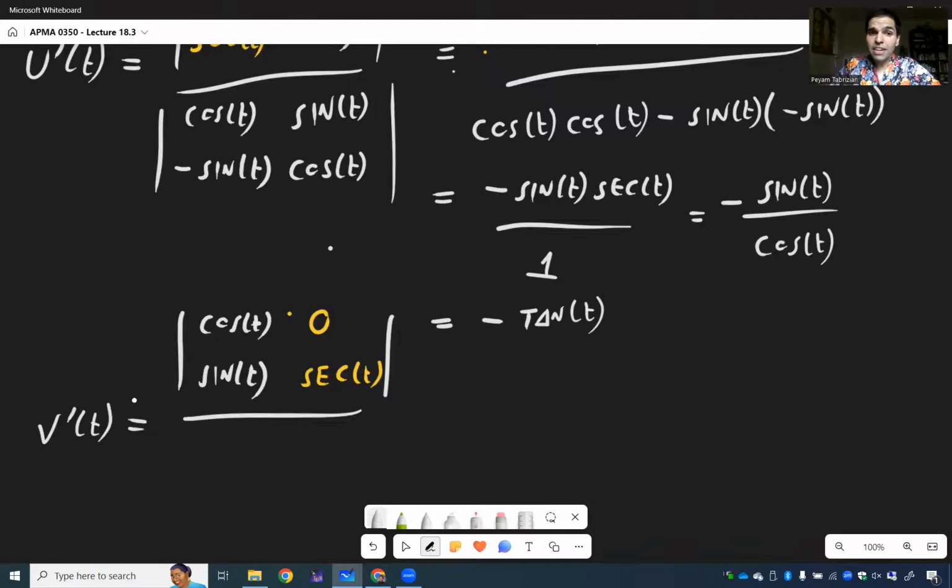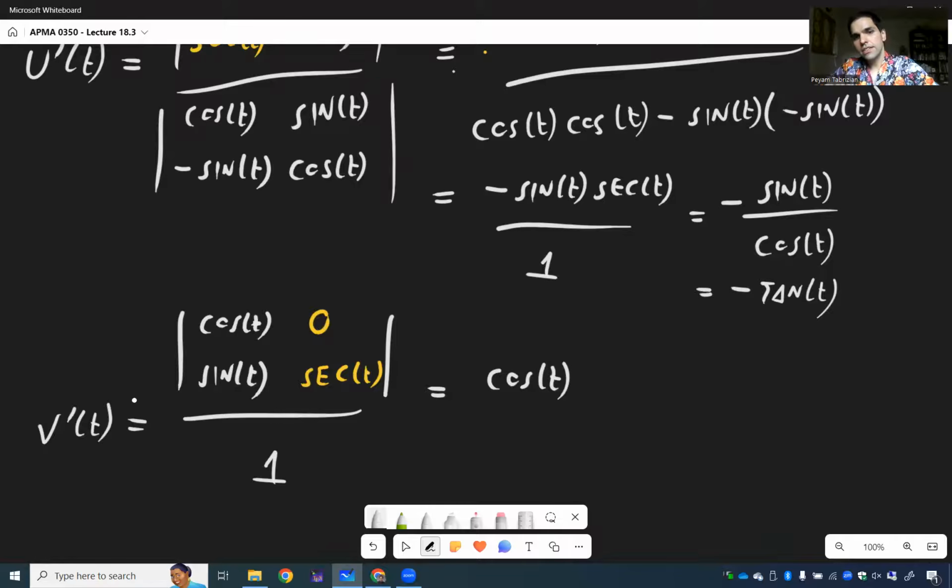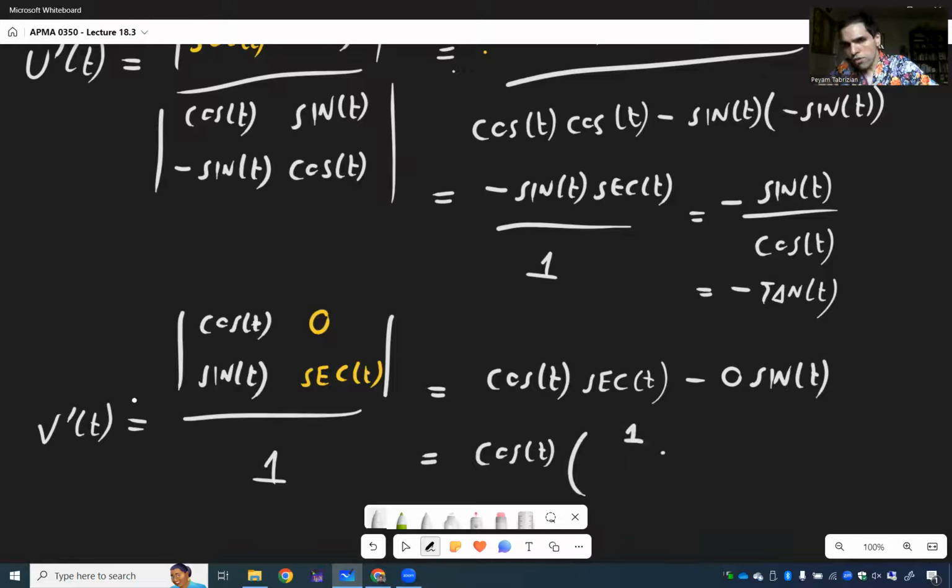Now, for the denominator, the good news is you don't need to repeat this because it's still the same matrix as before, whose determinant was 1. So let's clean this up a little bit. Minus tangent of t. So we're just left with cosine t secant t minus 0 times sine t. Now that's cosine times secant. So cosine t times 1 over cosine t. And that's 1.